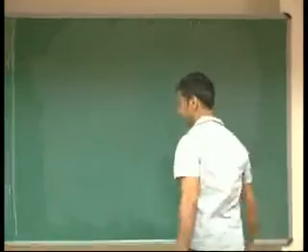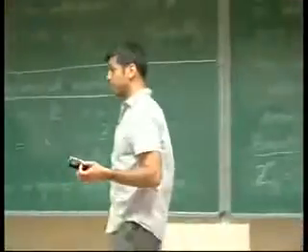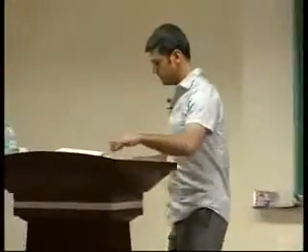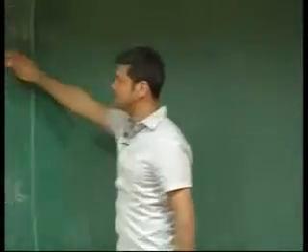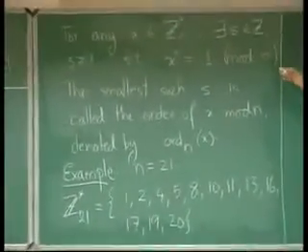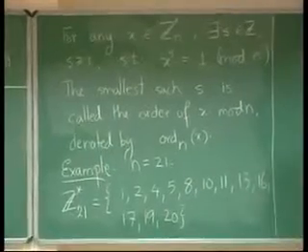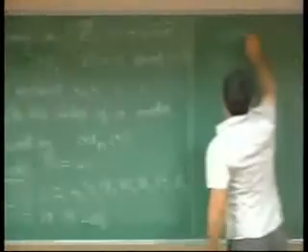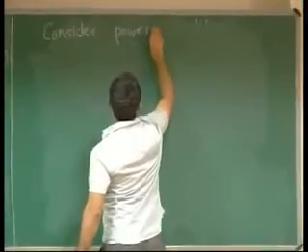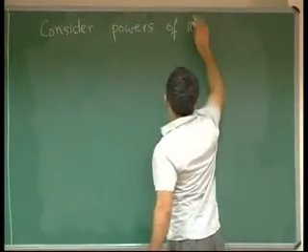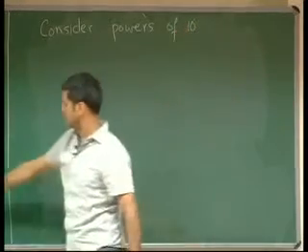Now, let's take a number for which I've calculated powers, just so you see that I'm not joking about all the numbers having a well-defined order. Consider powers of the number 10, which belongs to this set.